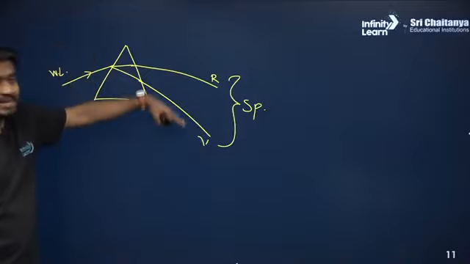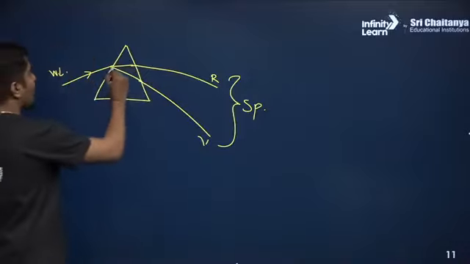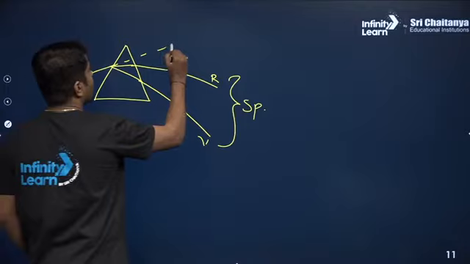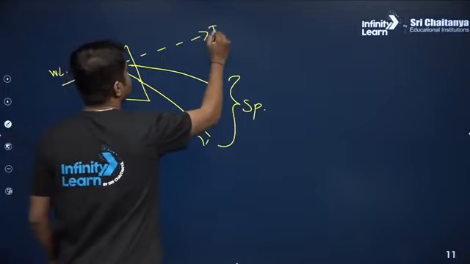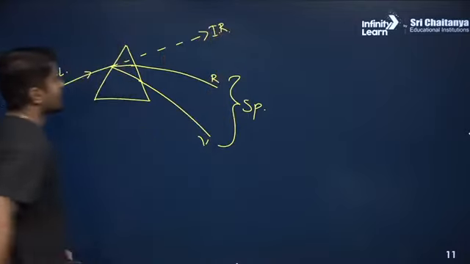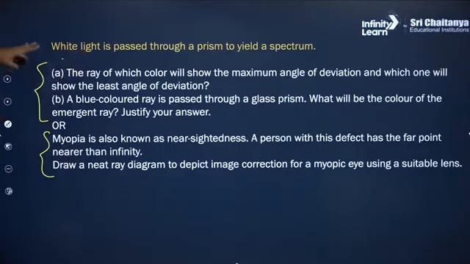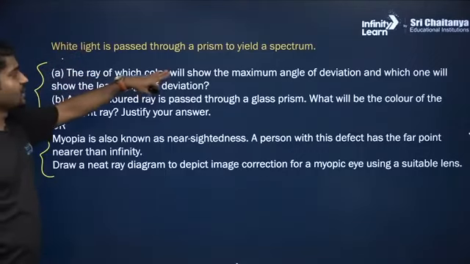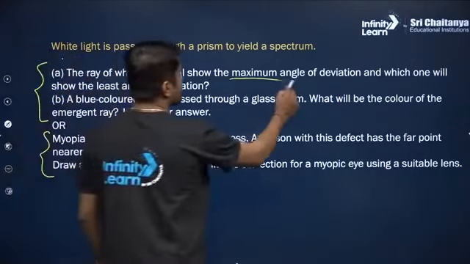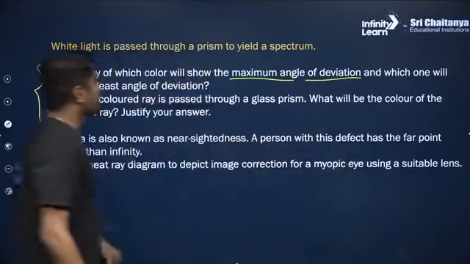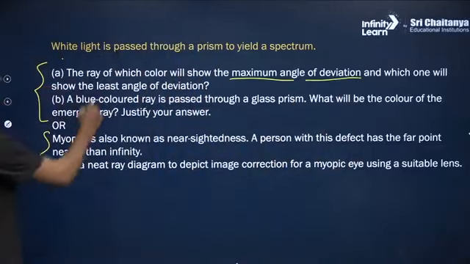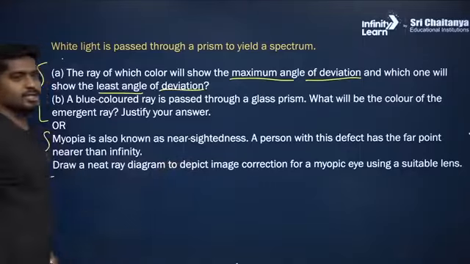So there are 7 colors of the rainbow and this one is the direction of our incident ray, है ना? So this is the first statement. The ray of which color will show maximum angle of deviation and which one will show least angle of deviation.